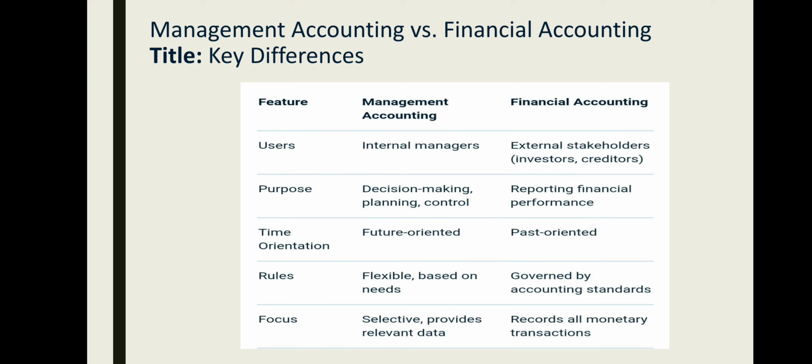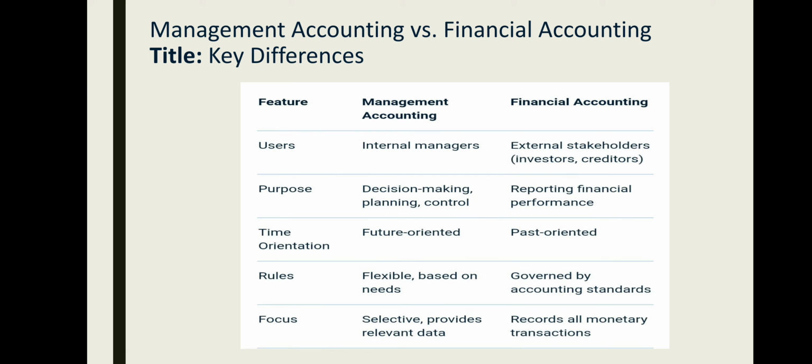Next one is time orientation. Management accounting is future oriented, because the plans and the decision making are only for the future, not for the past. But financial accounting is past oriented, because it is based on historical information.